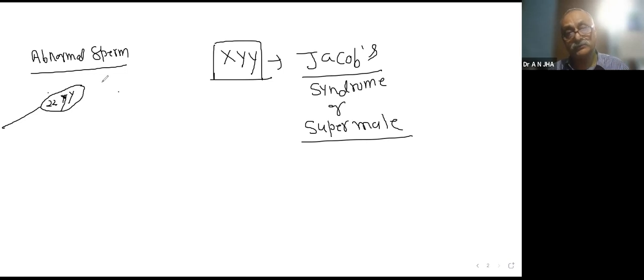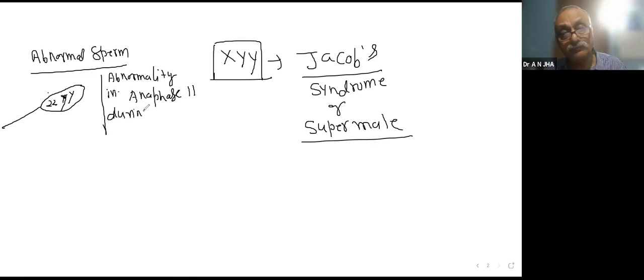If you go into the detail of meiosis, because I think you are all in the 11th class itself, I shall have to tell you, it is due to abnormality in anaphase 2 during spermatogenesis. There is no other reason. It has only one reason.